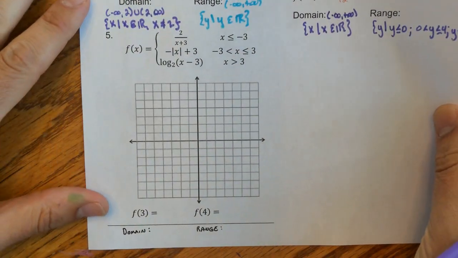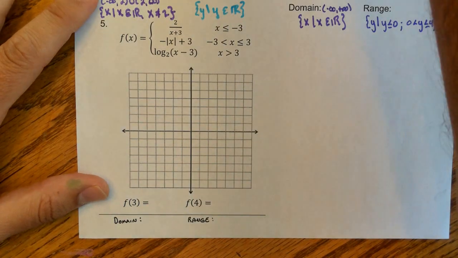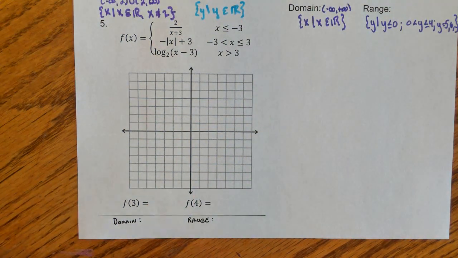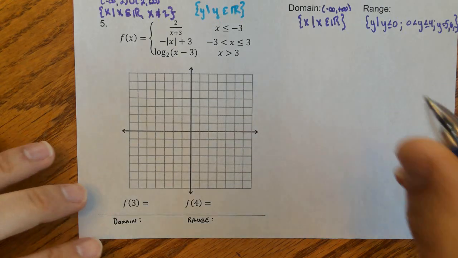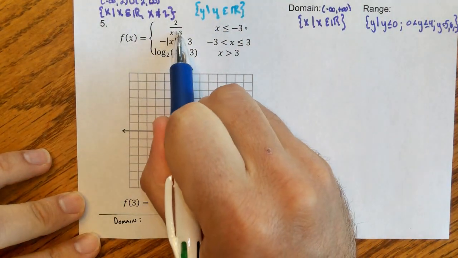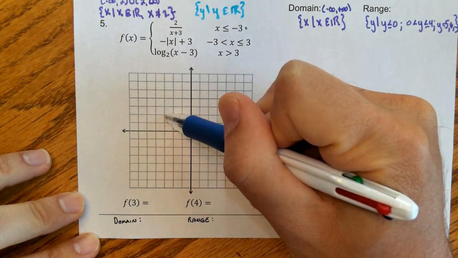Last one, just to show a rational and a log picture. So notice with our rational picture, we'll start with green, that's fine. Plus 3, so that means you are going to have your asymptote at negative 3.